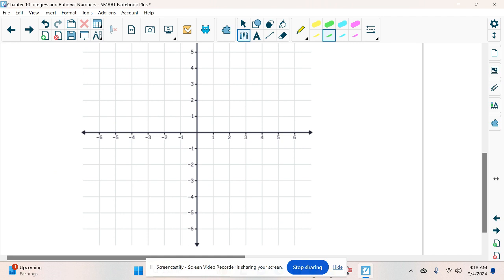So we're going to highlight with the green the positive numbers. So those going to the right are positive, and those that are going up are positive. And then we're going to use the pink to highlight the negatives.